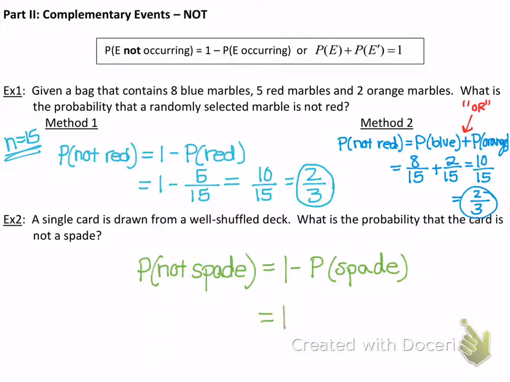This equals 1 minus 13 spades out of 52 cards, which is 39 over 52, which simplifies to 3 over 4.